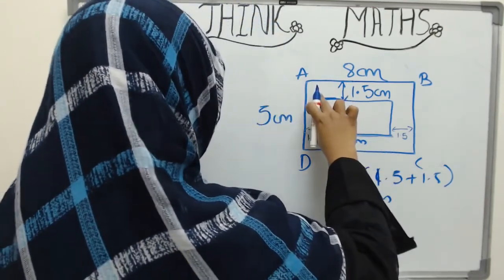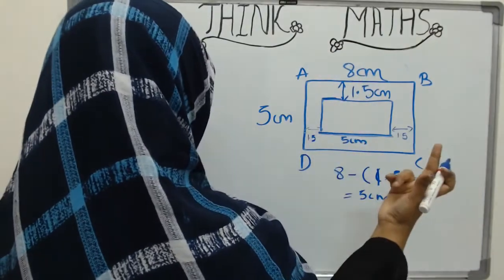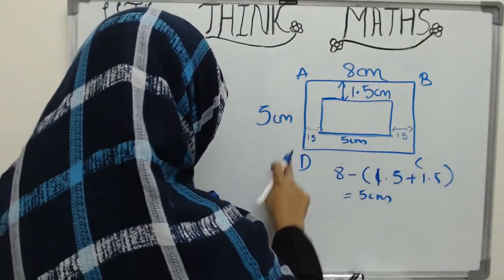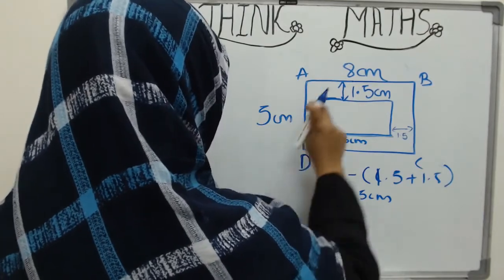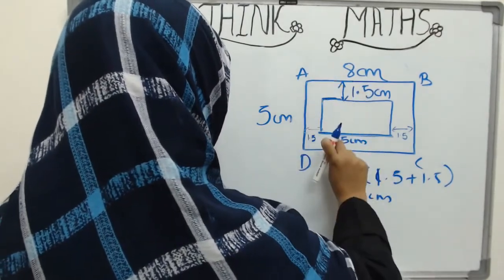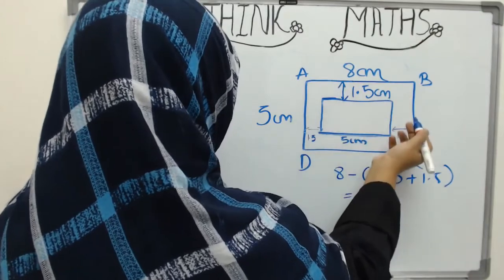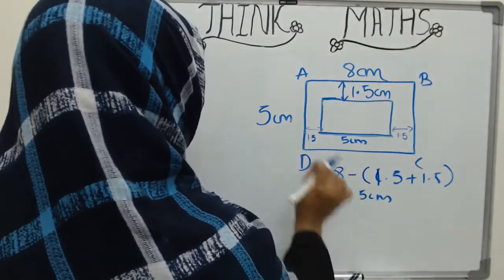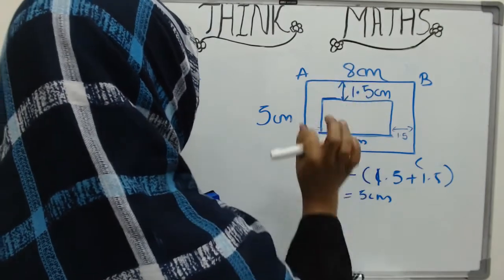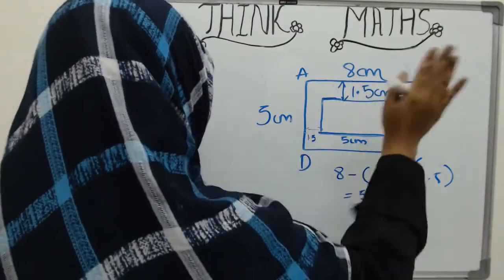What about this length? Again, we don't know what this length is, but we do know what this length is. This is 5. If this is 5 and we are leaving margins on both sides, here we are leaving a 1.5, here we are leaving a 1.5. So together we are leaving 1.5 plus 1.5, which is 3 centimeter. Again we are leaving.